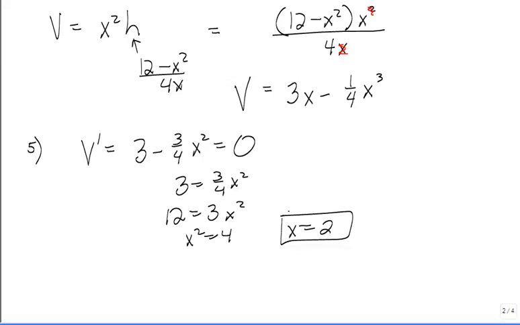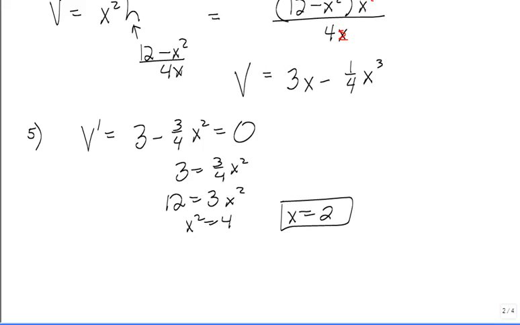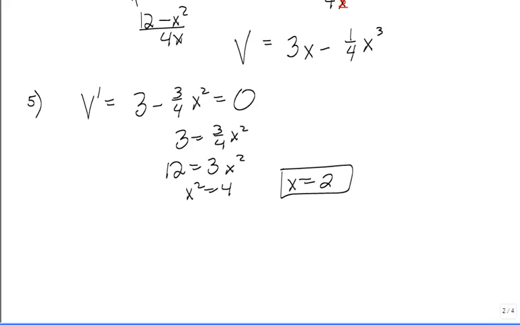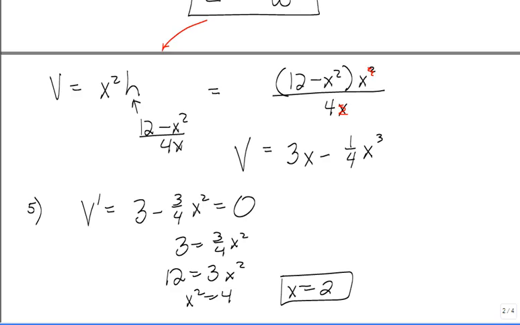Again, these are measurements, so I don't have plus or minus there. And once you get x, you can get your h, because we know h is 12 minus x squared over 4x. So h is 12 minus 4, when I substitute 2 in for x, divided by 8, h is going to be 1.